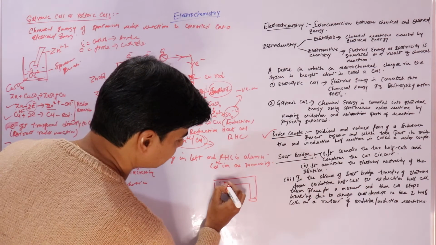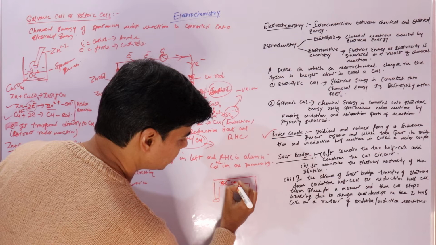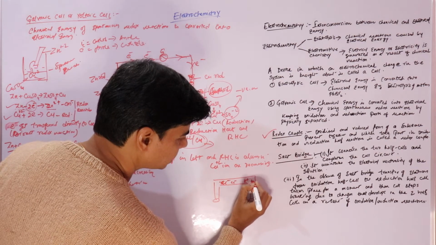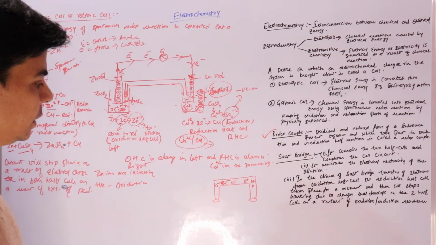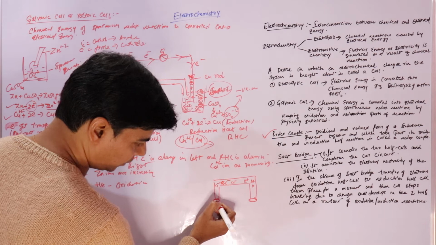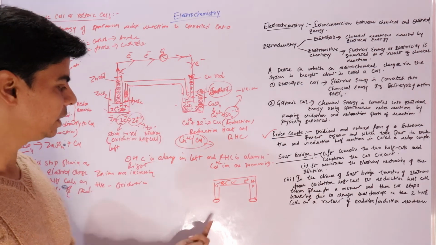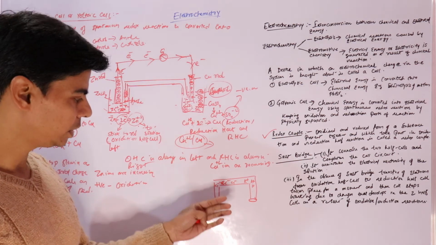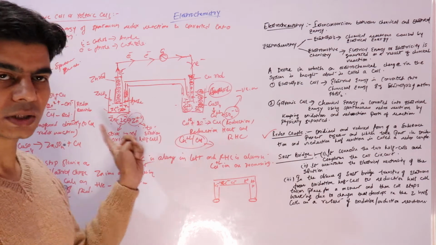And this salt bridge contains an inert electrolyte, say potassium chloride, so it contains potassium ions and chloride ions. And we have a porous plug here. This porous plug will not allow solution to move from these half cells into the salt bridge, or from the salt bridge into these half cells.